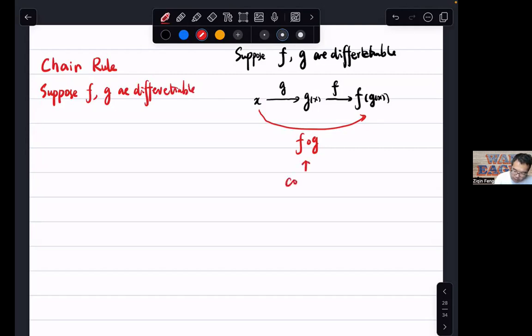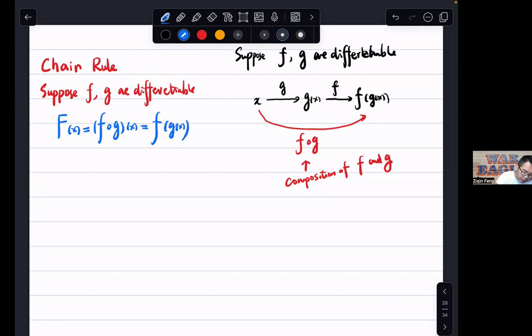This is called the composition of f and g. We give a new name for this new function, capital F of x is f circle g of x. The definition for that is f of g of x.